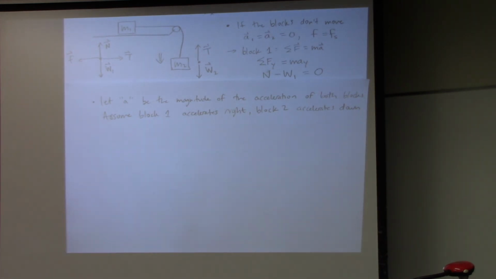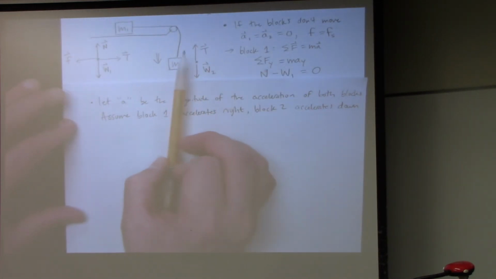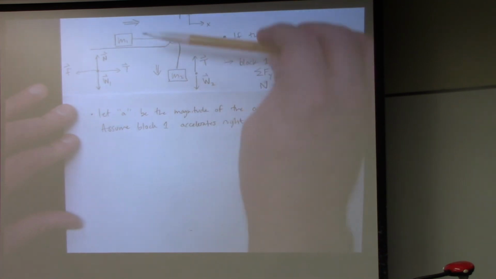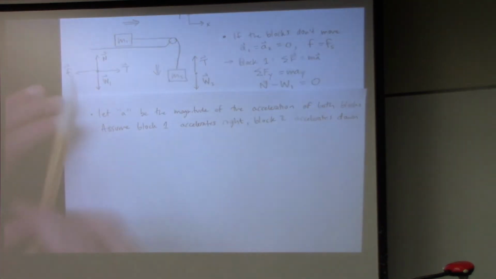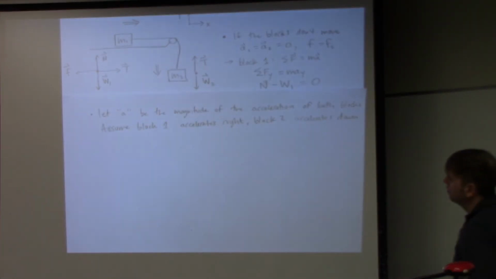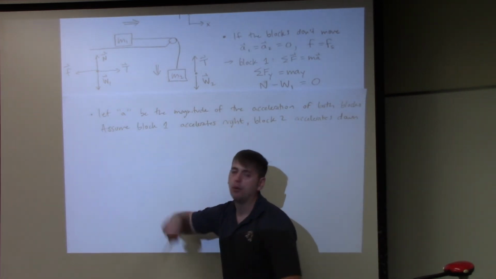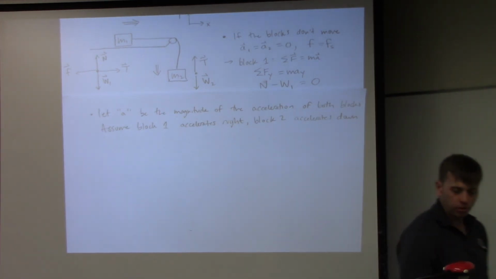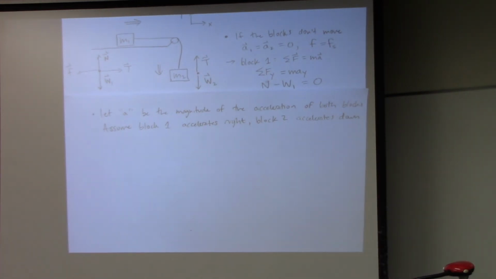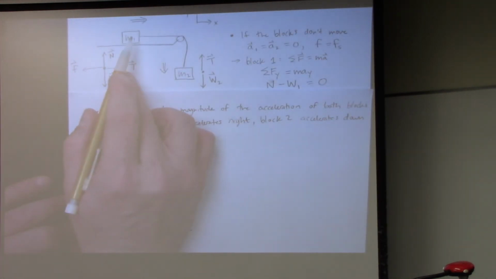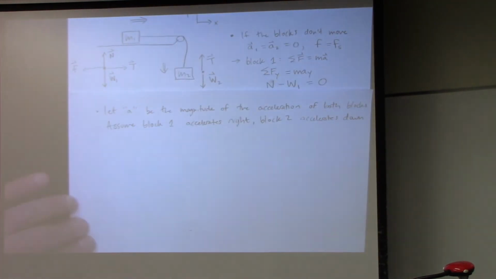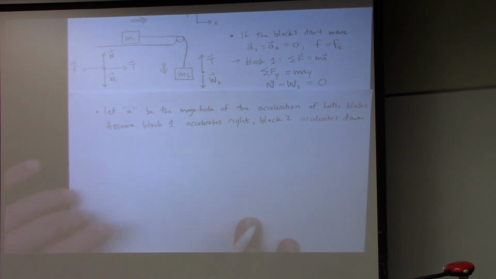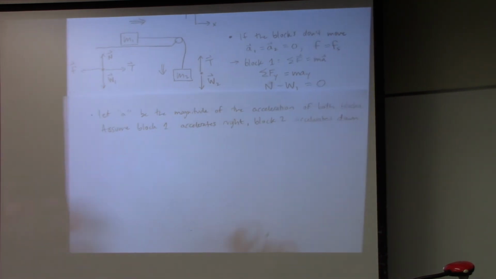It might be that actually block 2 accelerates up, then block 1 accelerates to the left. But it turns out if we're wrong about this, then our A is just going to come out with a negative sign. So we're going to do the problem assuming M1 accelerates to the right, M2 accelerates down, and then we'll see if that was the right thing to assume depending on how A comes out.